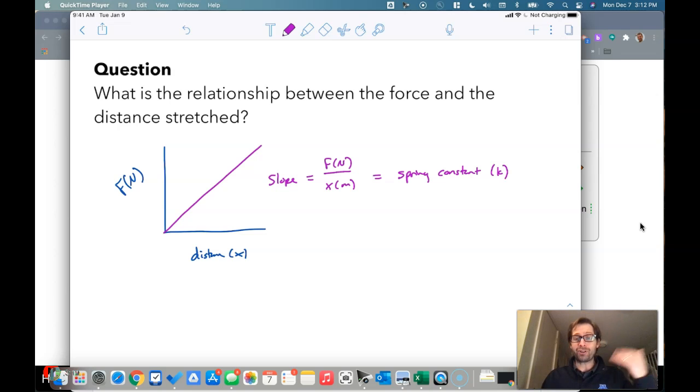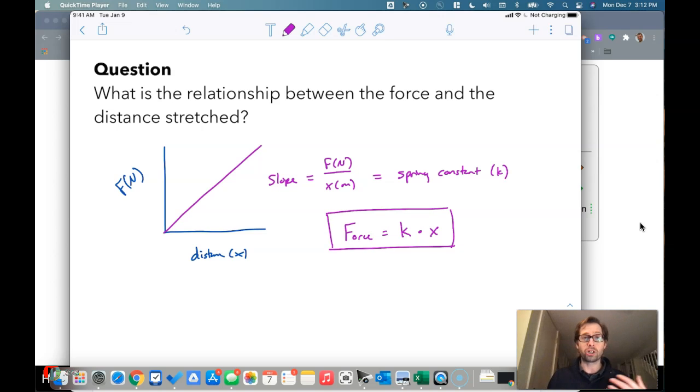If I go back and rewrite this, where my force is my y and my distance is x, I can rewrite y equals mx plus b as force is equal to the spring constant, which is the slope, times my x value. This relationship is called Hooke's law, and it applies for these uniformly stretched springs.